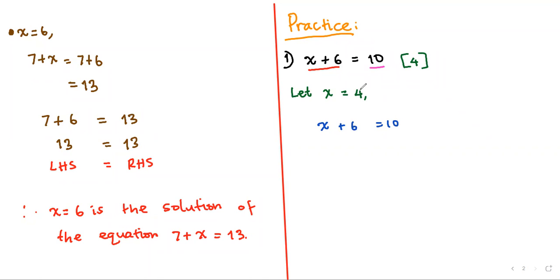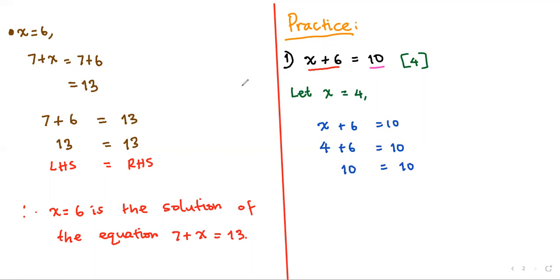But we have said let x be 4, so instead of writing x, I will write 4, then plus 6. On the right-hand side, I have got 10. On the left-hand side, I have 4 plus 6. 4 plus 6 gives me 10. And on the right-hand side, I also have 10. What does this mean? It means that the right-hand side is equal to the left-hand side.